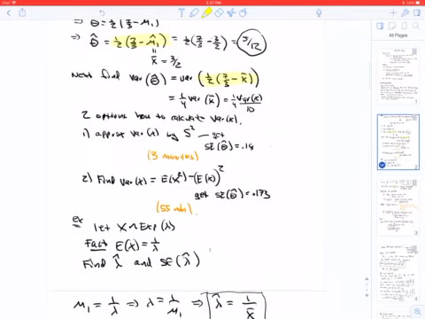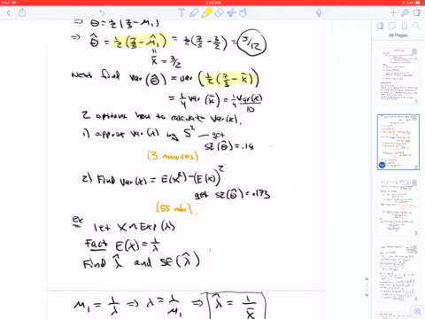So now we want to find the variance of this MOM estimator, and because of the properties of variance, we can actually do this by hand here, and we see that now we just need to find the variance of X.